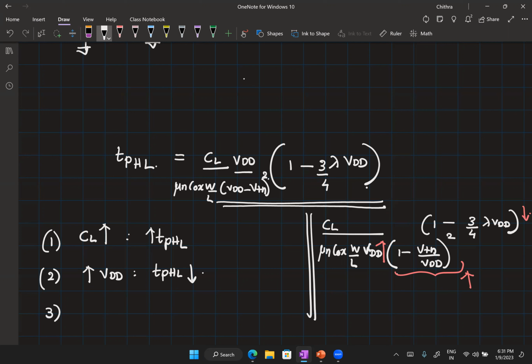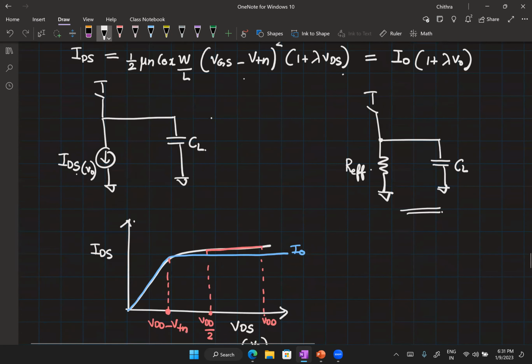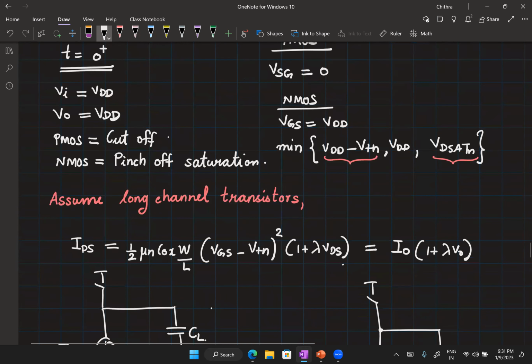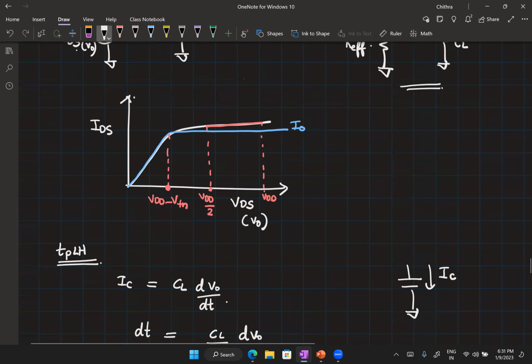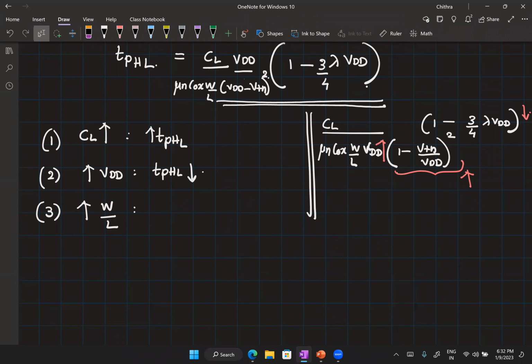What happens if I increase W by L? It looks like the delay is going to decrease, but there is a catch here. We talked about the self-capacitance here. The self-capacitance is actually proportional to W into L. So if I increase W by L, initially you might see an advantage, especially if the capacitance is dominated by other values.